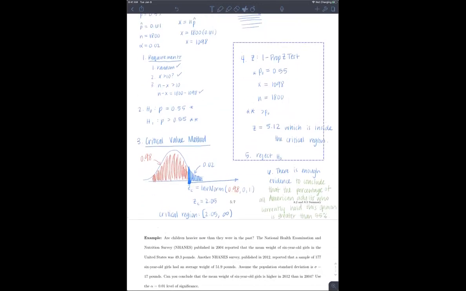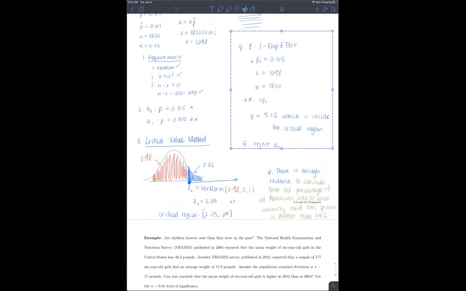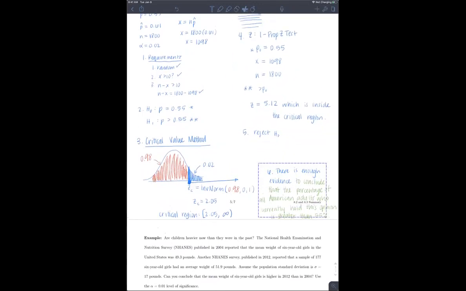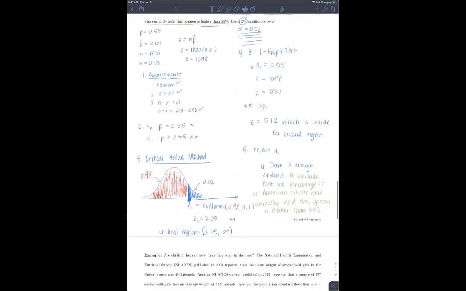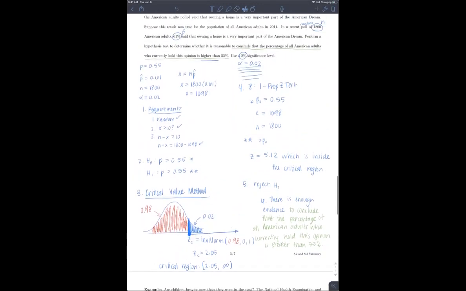And so that's one way you can word it. Another way you can word it is you can say there's not enough evidence to say that it's equal to 55%, right? And so there's the whole problem.